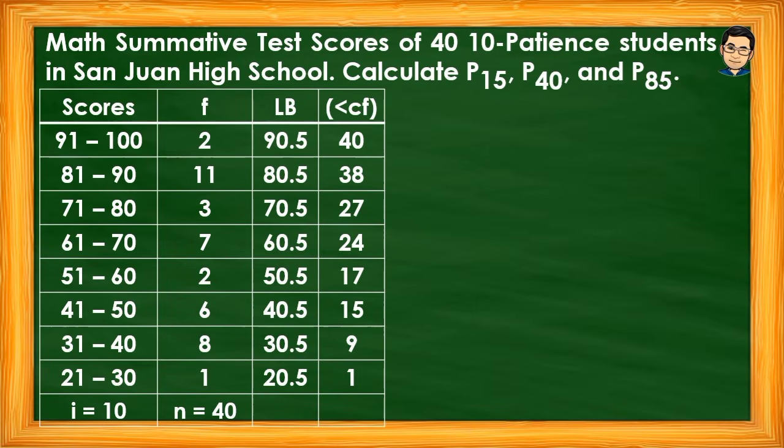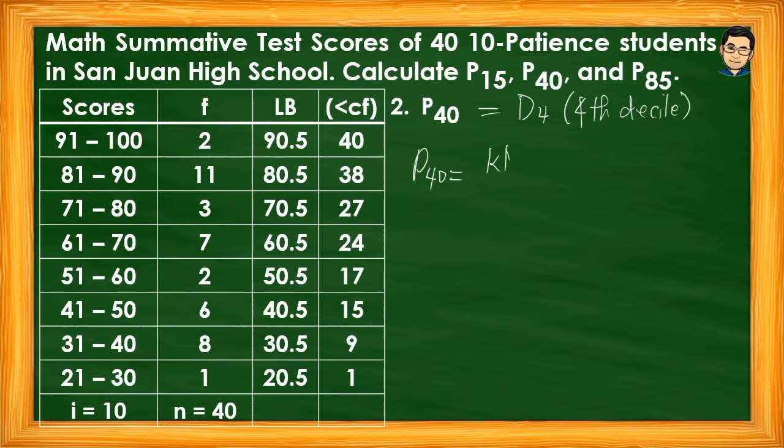Okay. So, next example natin, P sub 40, percentile 40. So, yung value po ng percentile 40 equal po siya sa value ng D sub 4, yung ating fourth decile. So, kunin muna natin yung P sub 40 class. So, P sub 40 is equal to Kn over 100.